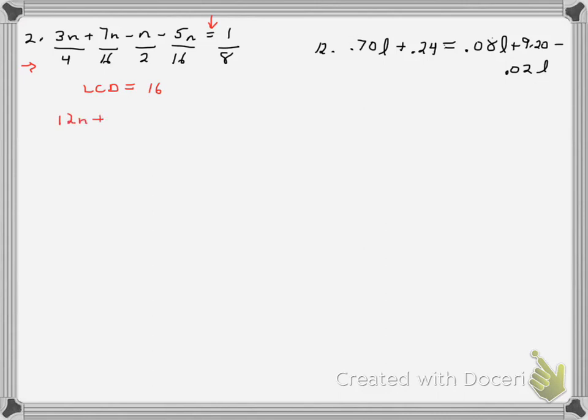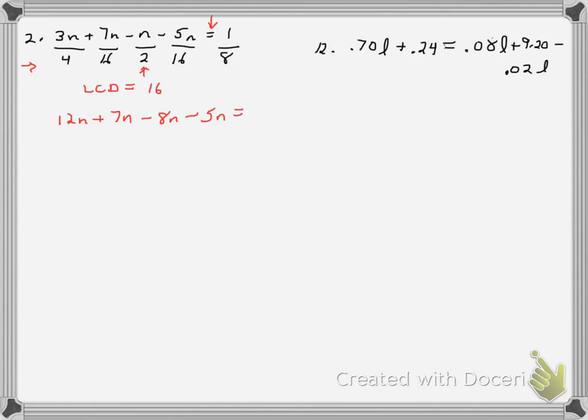If I multiply the second term by 16, the 16s will cancel and I'll get 7n. If I multiply the third term by 16, 2 will go into 16 8 times and I'll get minus 8n. If I multiply the fourth term by 16, the 16s will cancel and I'll get 5n.